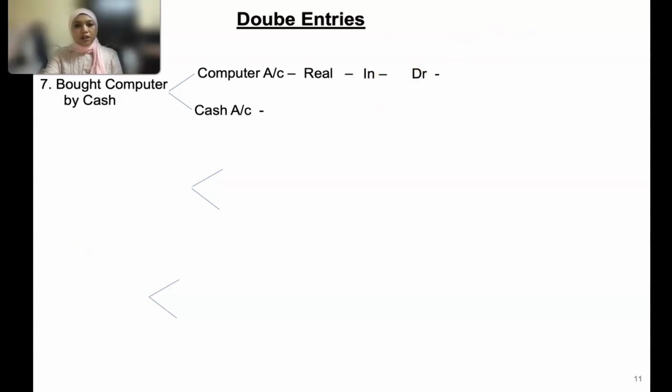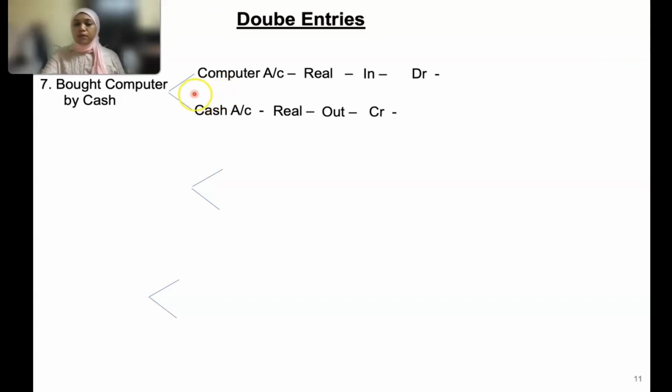Cash account. Okay, cash account is also a real type of account. We buy a computer by cash, so business is paying cash to get that computer, right? So real, out. If it is out, we record in credit side.